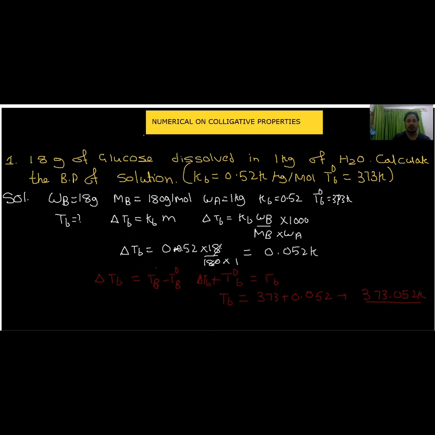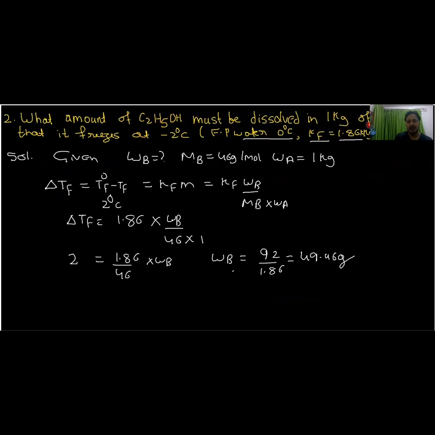The second question is based on the depression in freezing point, where ethanol must be added in 1 kg of water so it freezes at -2 degrees centigrade. Again, we used a similar formula, delta TF is equal to KF into m, that is molality, where we have to calculate the mass of the solute. By cross multiplication, we calculated that.